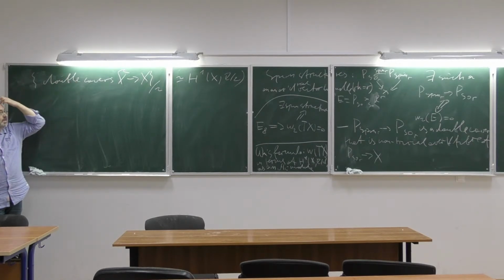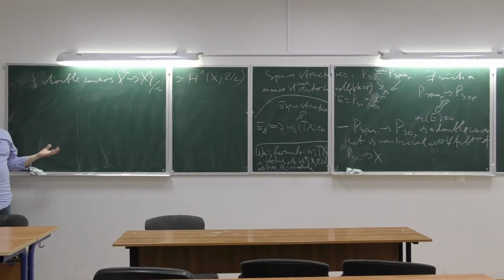Okay. Now, what are double covers? Double covers are maps from pi 1 of X to the automorphism group of a 2-element set. Well, there are just 2 automorphisms: the identity and the transposition.